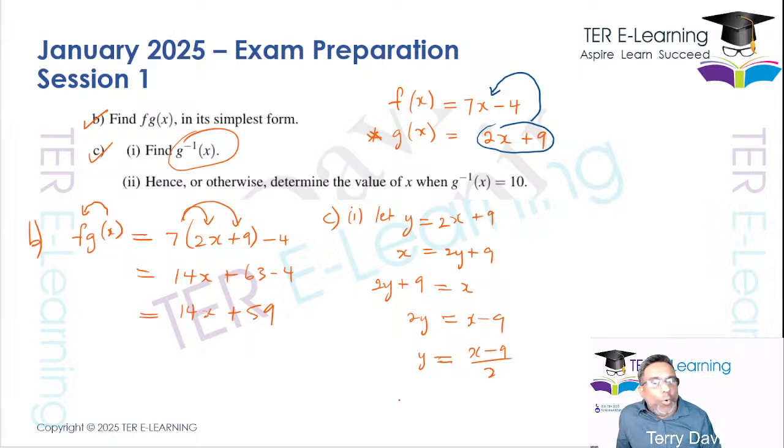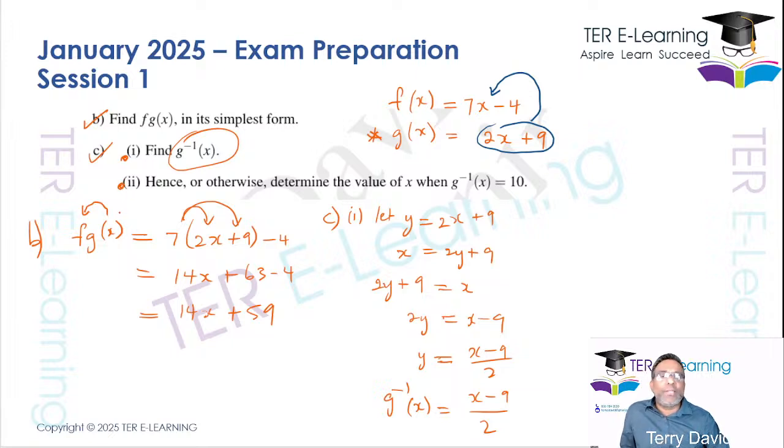So therefore, the inverse function, that's the inverse of g, is x minus 9 over 2. So that's my inverse function here. So this is C part 1, that's our inverse function.